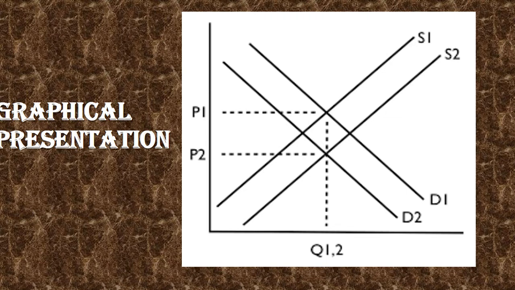In this case, the supply changed towards the right. From supply 1, it changes to the curve of supply 2. And because of these changes, the price also changed from price 1 to price 2. This is the general explanation of what happens when the shifters affect the normal condition in the market.